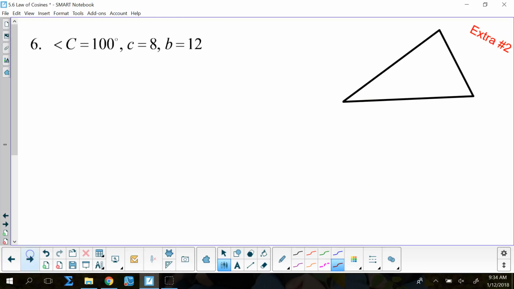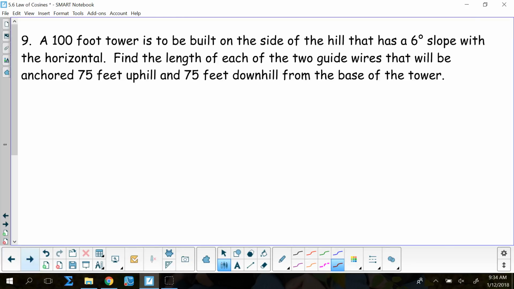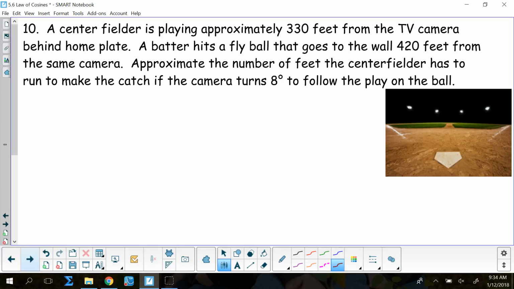What I'd like you to do for your next example is I would like you to do this one, which is the third one off of the word problem worksheet, law of cosine side. All right, so you've got home plate there, and you've got your center fielder right there.